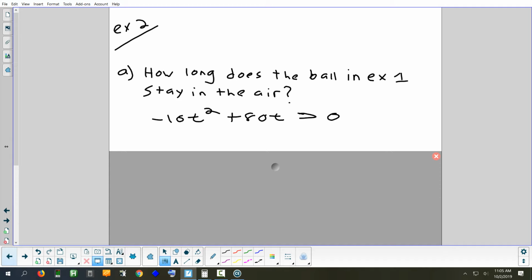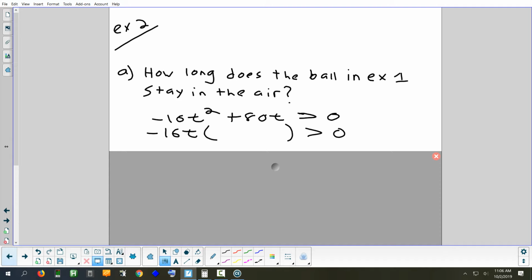Even more. 16. Even more. Oh, 16t. Okay, and I'm going to do one more thing. I'm also going to factor the negative with it. Whether or not you factor the negative is up to you. You don't have to. But I'm going to factor out a negative 16t.